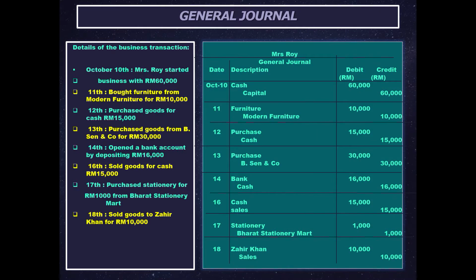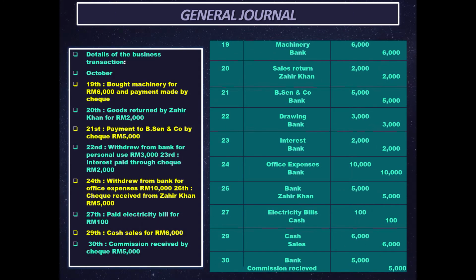In general, I would like to present the details of the business transaction. On 10th October, Mr. Roy started business with RM 60,000. So, Mr. Roy spent RM 16,000 to start the business. We will open two accounts, which are the cash account and the capital account.